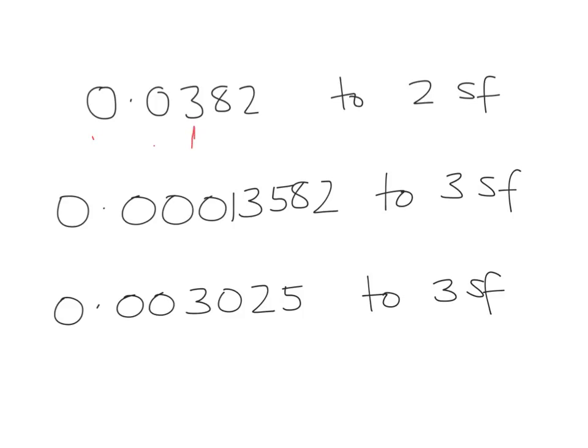So I'm going to start counting from there. So if I've got lots of zeros in front of a number, I don't start counting until I get to my first non-zero. And then we're going to do exactly the same. That 2 at the end here is going to tell me to leave things alone. So I have 0.038. And notice I've got 2 digits now, it's 2 significant figures, and I've got 2 non-zero digits.